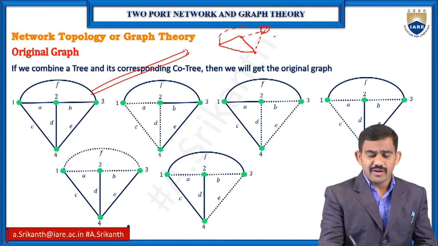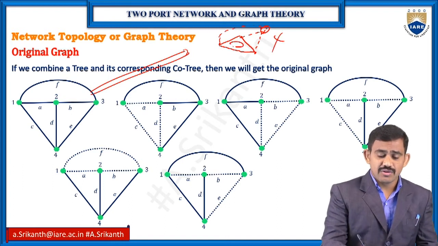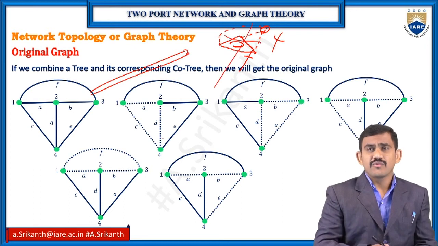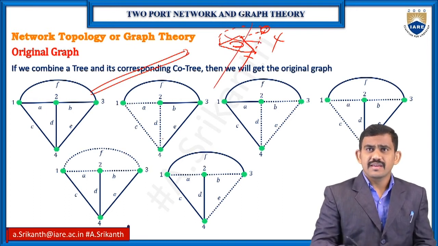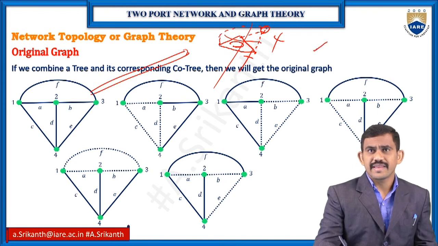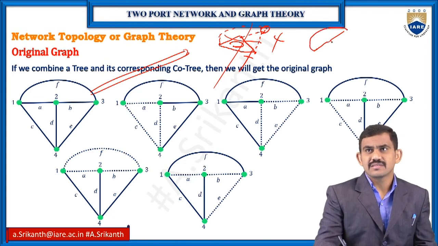The first condition is false, and the second condition, a closed loop, so the second condition is also false. This is not your original graph. Okay. If suppose 1, A, B, and your F branch.